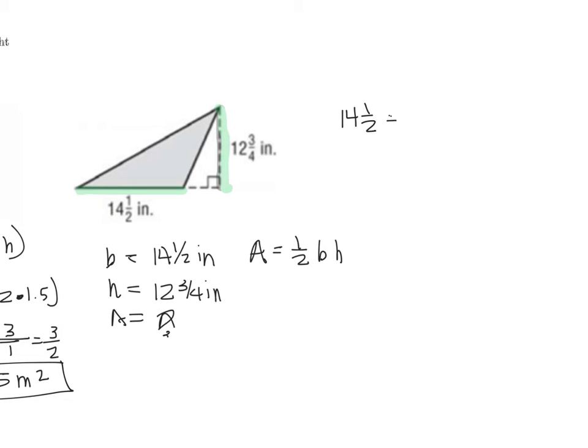To go from a mixed number to an improper fraction, we multiply the denominator times the whole number, which would give me 28, and then we add that 1 into it, which would be 29. So when I start substituting it in, I can go ahead and put it in as 29 over 2.